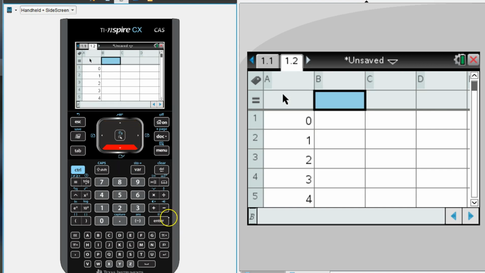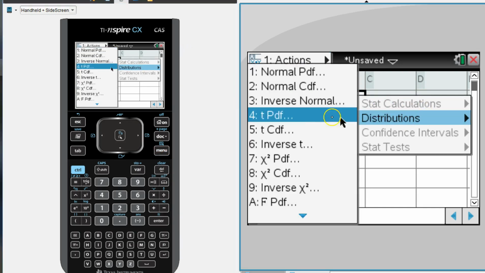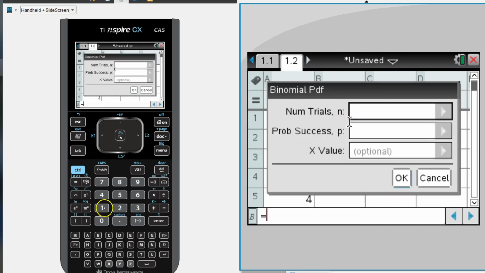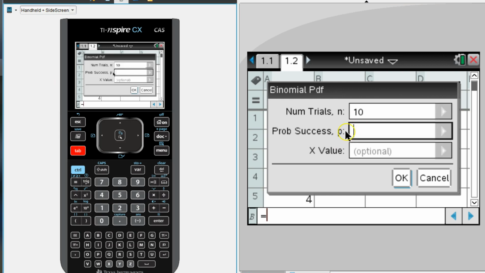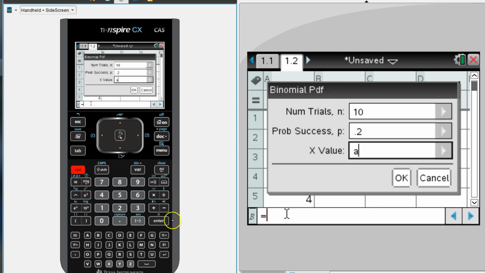So the way I'm going to do that is in the menu, statistics, distributions, all the way down to binomial PDF. We have 10 trials. Our probability of success is 0.2. And for the x values, this time rather than leaving them blank, I'm going to say fill in everything from A. So it will do binomial PDF on 10, 0.2, and all the numbers from A.